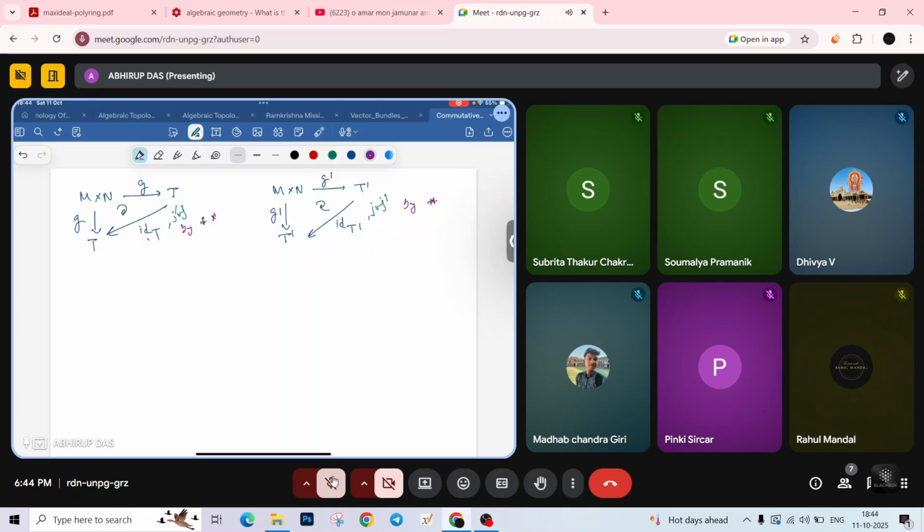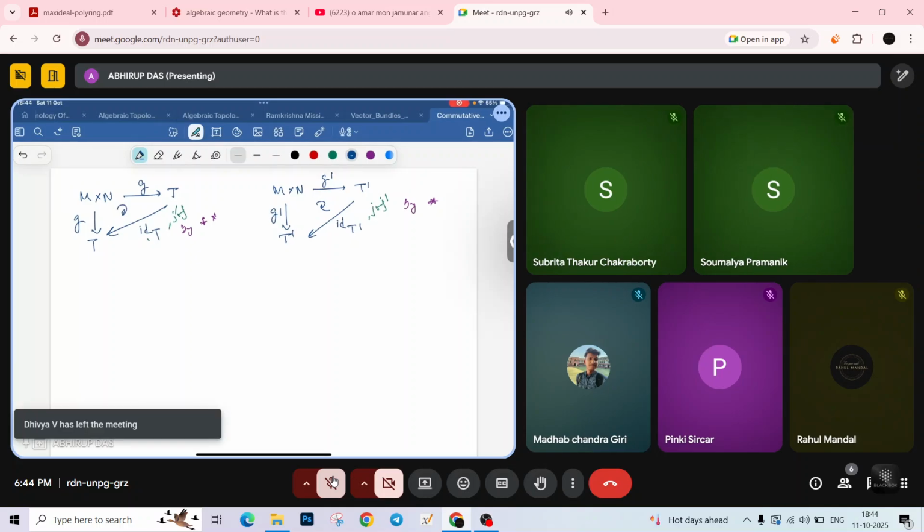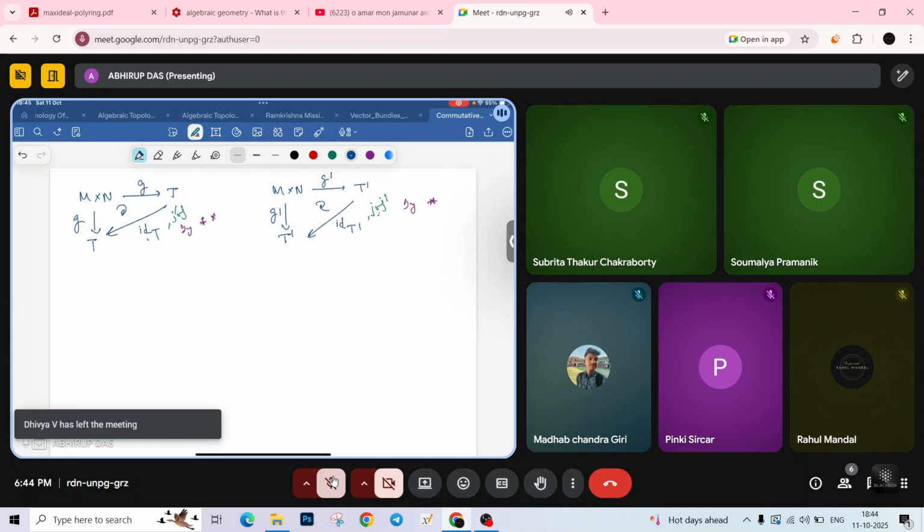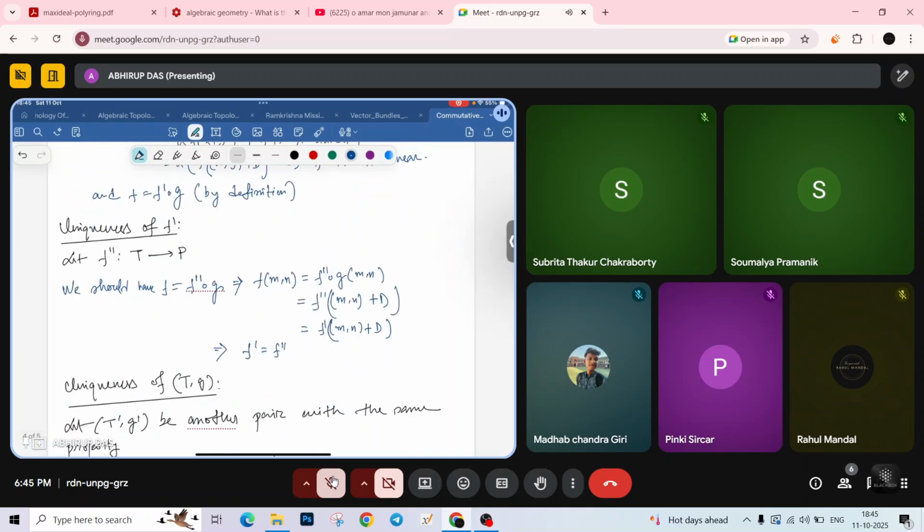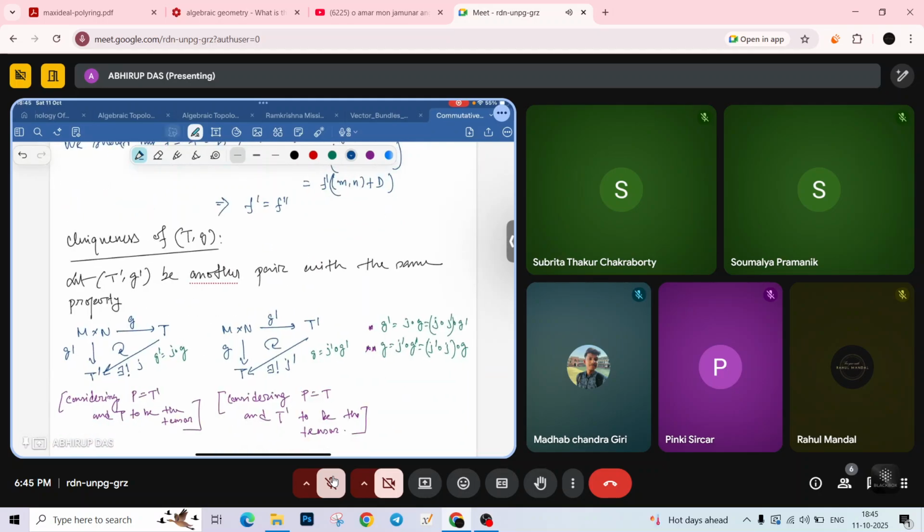Okay. So you see, J compose J prime, this map is from T prime to T prime, and similarly J prime compose J, this map is from T to T, right? And we have these two conditions.